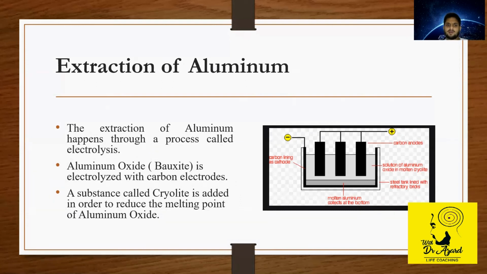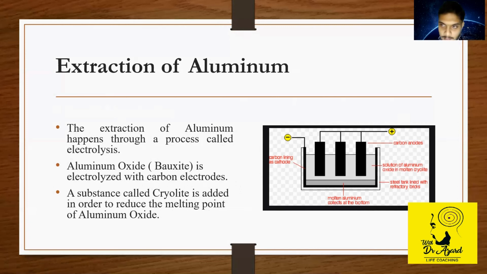So we perform the electrolysis, and electrolysis is the vessel that we will use, and into this vessel we put this substance called bauxite or aluminium oxide.